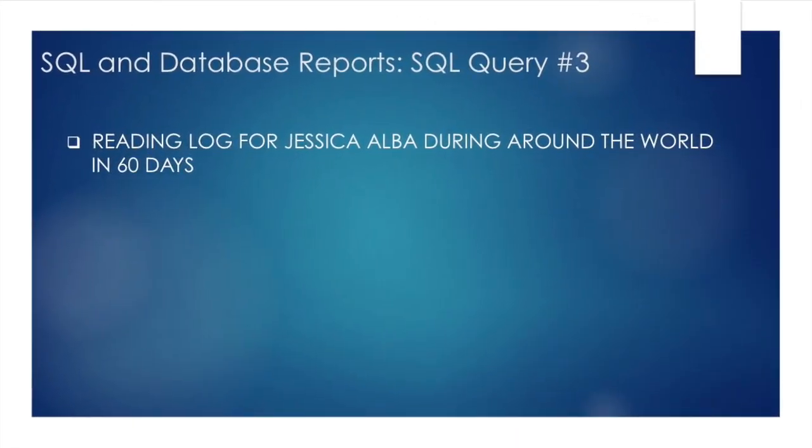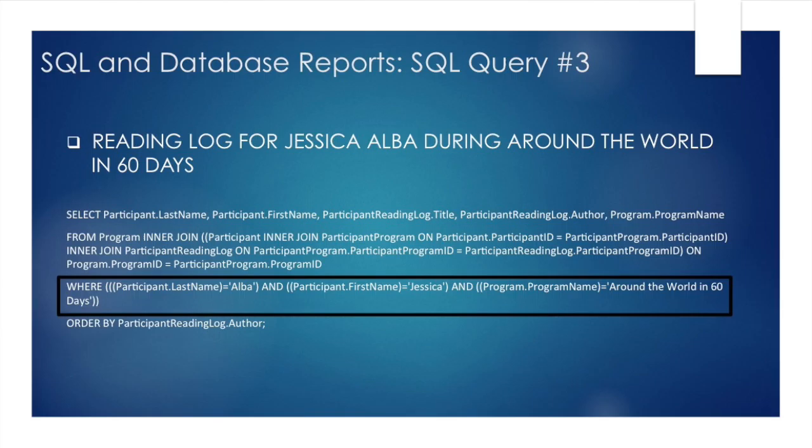We already saw this next query come into play during the mock-up of the reading log interface. This query seeks to find what books a participant has read during a particular summer reading program. To generate this information, we need an SQL statement like this that specifies what columns we want, what table the data resides in, how we control through the table relationships to get it, what criteria we want to use to limit our results, and how we want the results to be sorted.